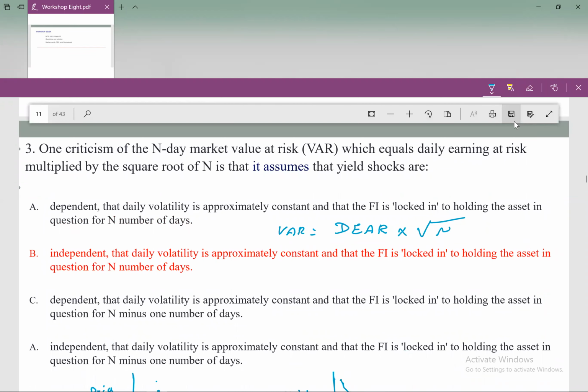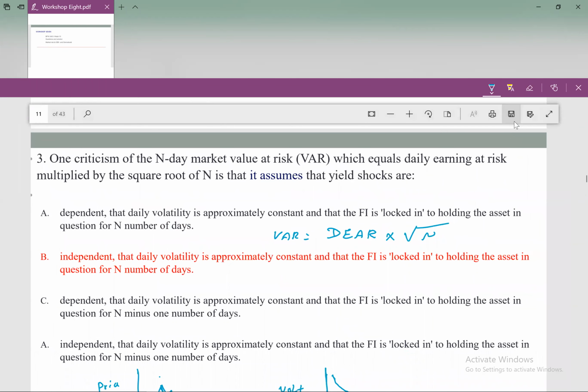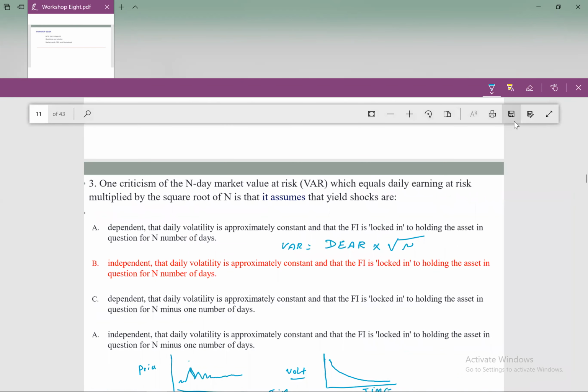One criticism of the N-day market value, which equals the daily earnings at risk multiplied by the square root of N, is that it assumes that the yield shocks are independent. They think the situation is like this: they have one here, then we have one here, while we still have this volatility. This is one of the criticisms, but in real life, it will go down.